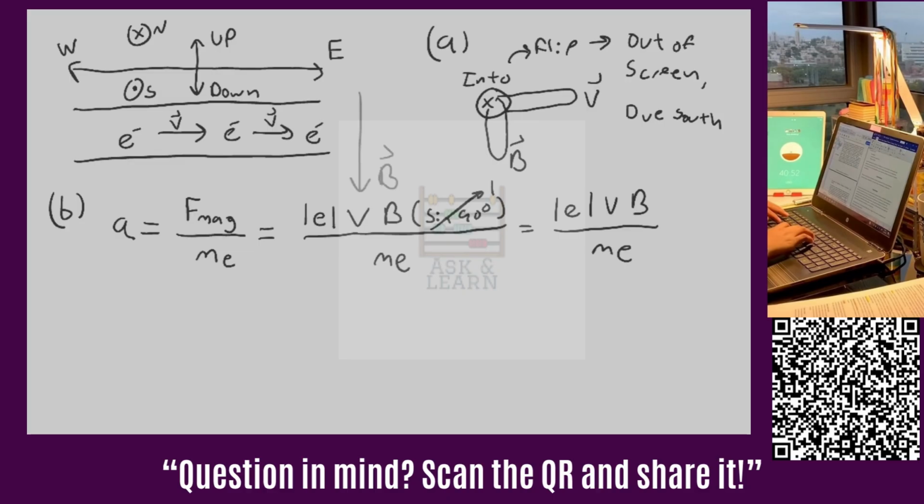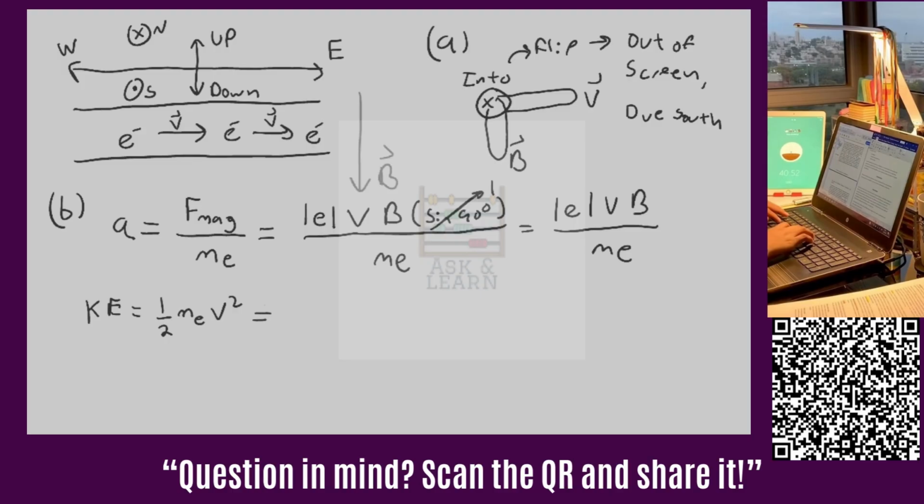The only thing we don't know of this is the speed, but we are given the kinetic energy of the electron beam. So we can figure out on average what the speed of the electrons is given that kinetic energy. We're given this kinetic energy value, and we know that it's related to the mass of the electron and its speed through 1/2 mv squared.